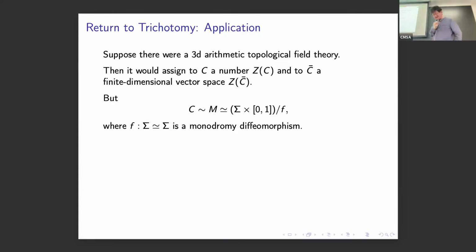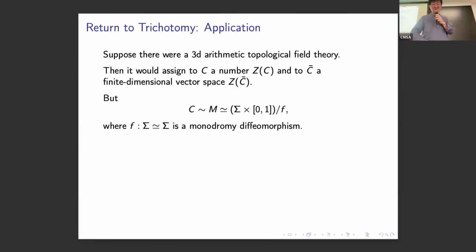Now, remember the analogy was that this curve over the finite field was supposed to be like a fibered manifold, which can also be thought of as a mapping cylinder obtained from a monodromy diffeomorphism as you go around the circle.